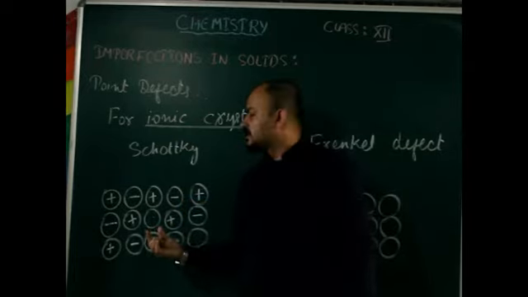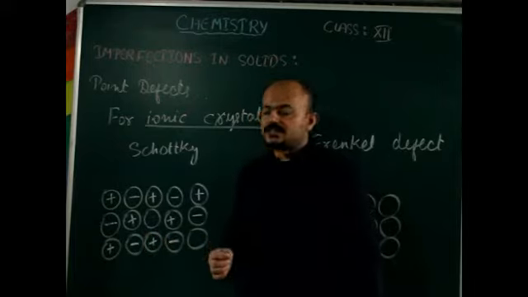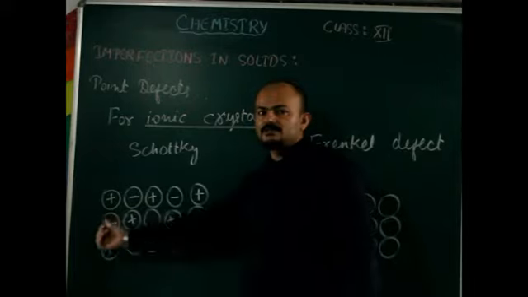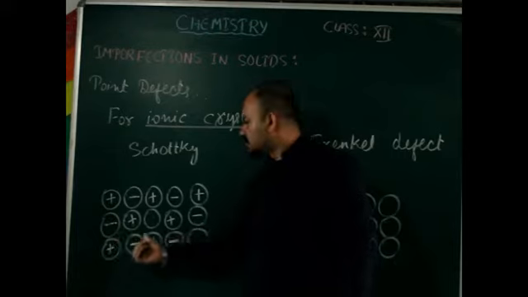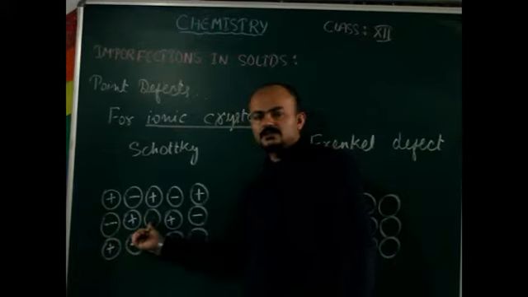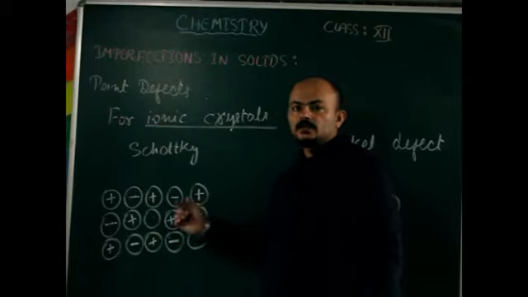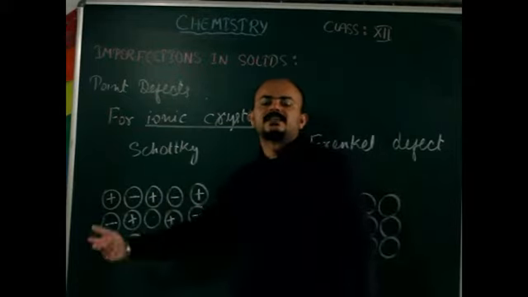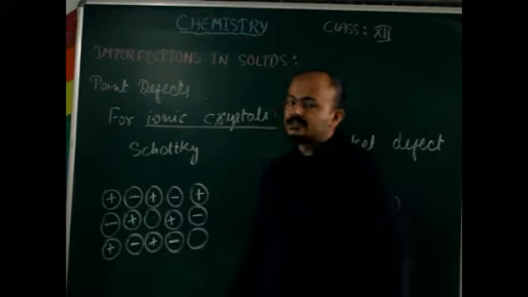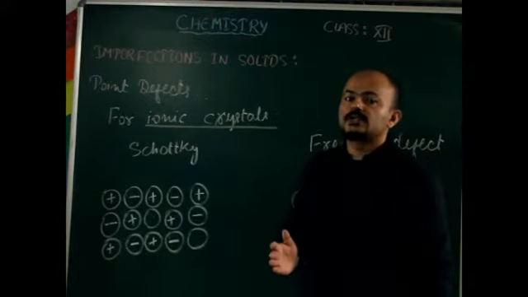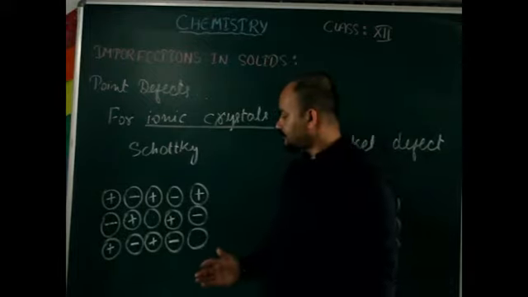And as a result, its electrical neutrality is maintained. From this particular example, one negative charge is not there and one positive charge is not there. That means one negative and one positive have left this system, and as a result, electrical neutrality is maintained.